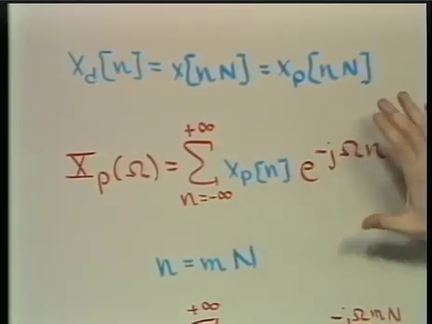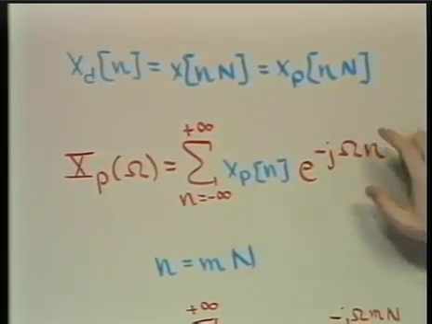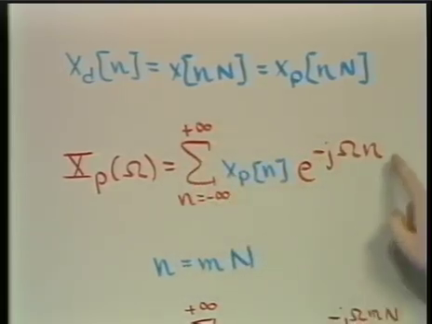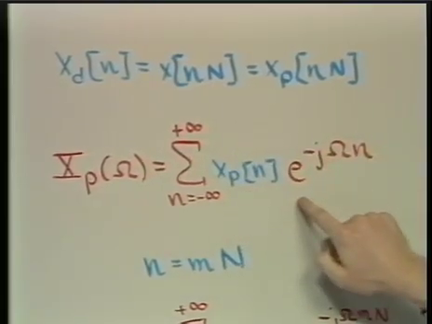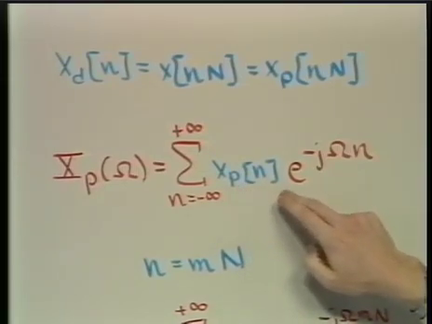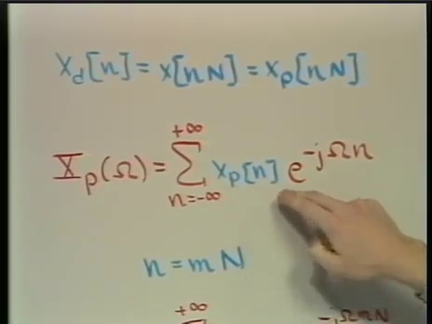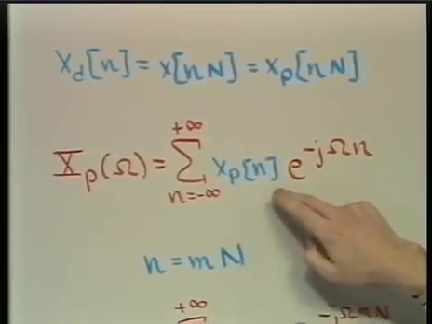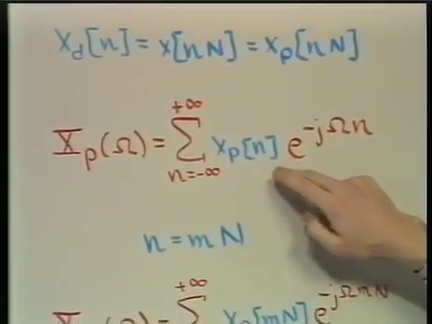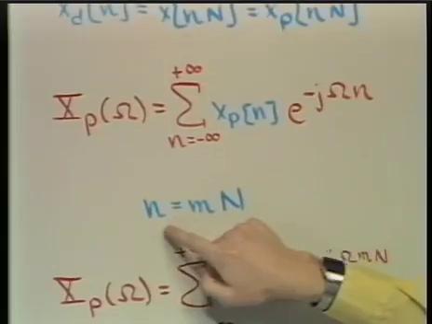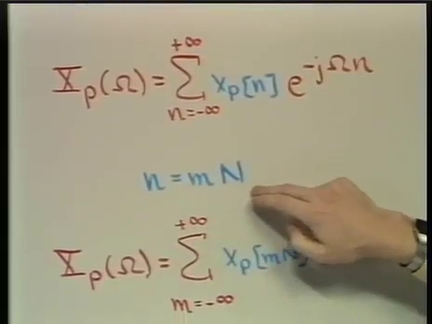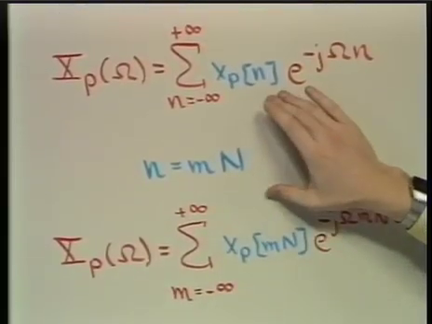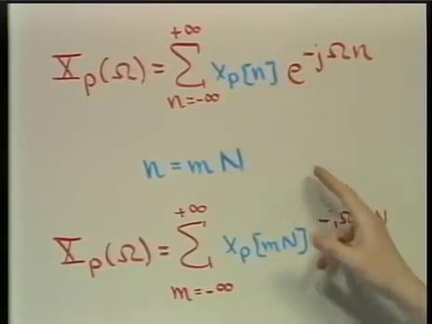And now kind of the idea in the analysis is that we can collapse this summation by recognizing that this term is only non-zero at every Nth value. And so if we do that, essentially making a substitution of variables with n equal to small m times capital N, we can turn this into a summation on m, and that's what I've done here.